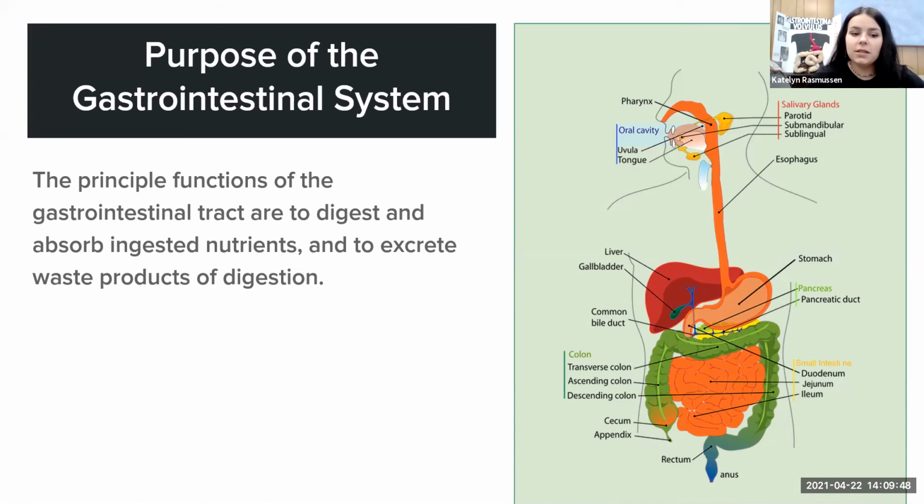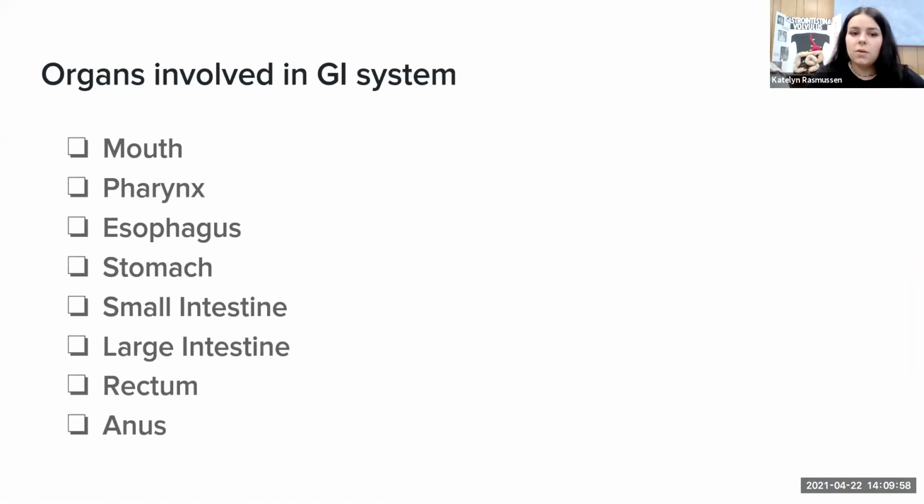The main functions are to digest and absorb the ingested nutrients and excrete the waste products of digestion. In the GI system, the organs involved start with the mouth, then the pharynx, through the esophagus, to the stomach, through the small intestine, then the large intestine, to the rectum, and then the anus.